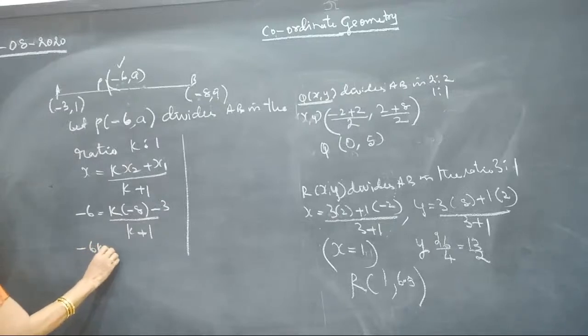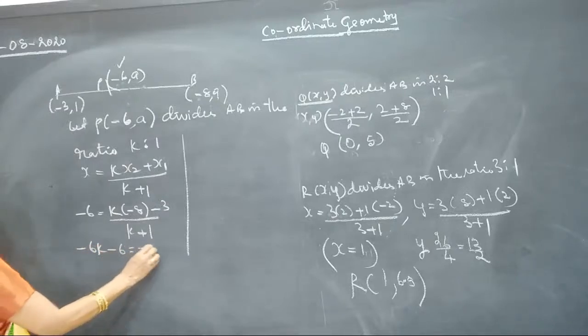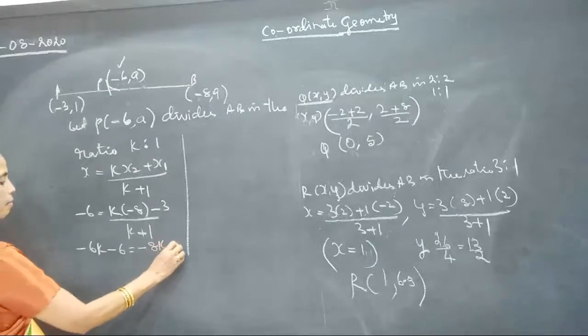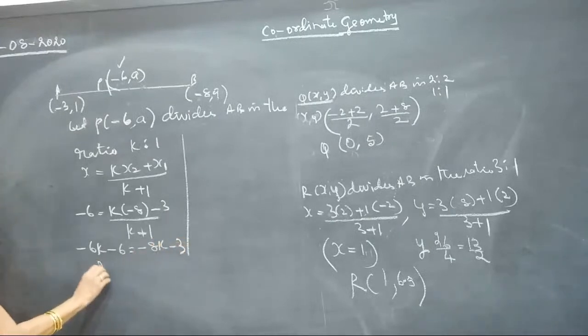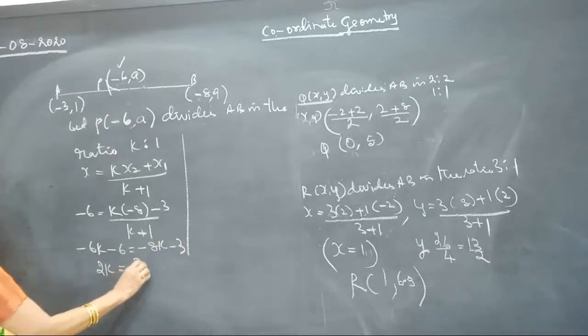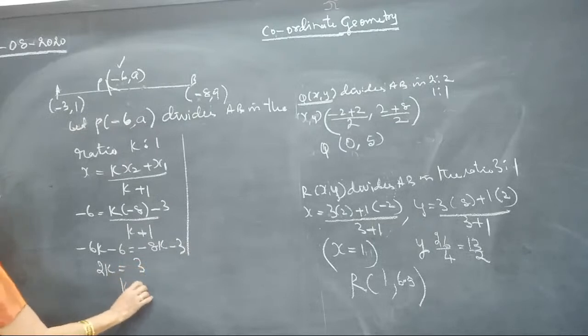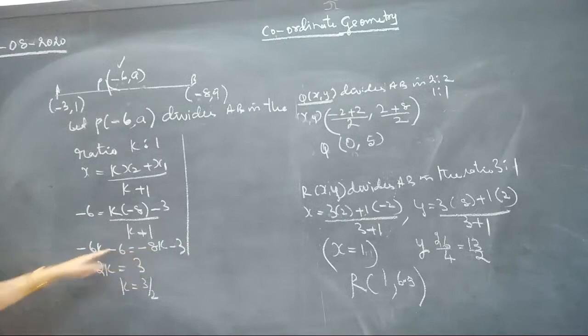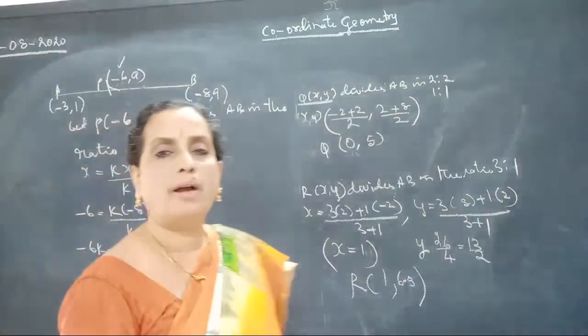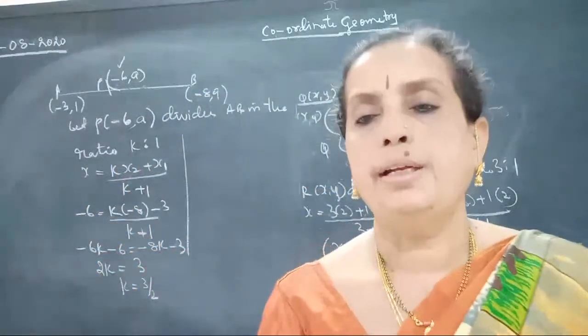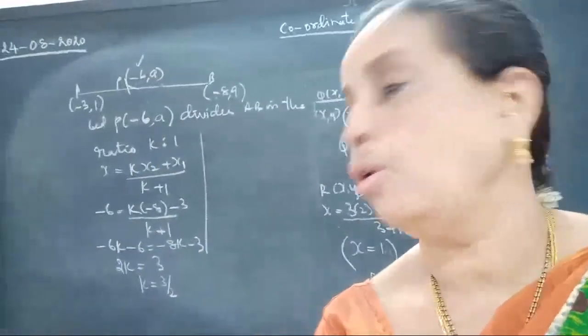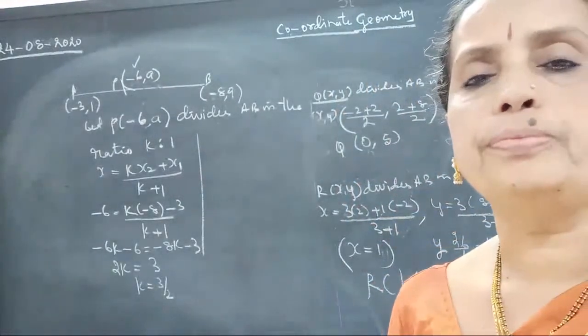Minus 6k minus 6 equals minus 8k minus 3. You will get 2k equals 3, k equals 3 by 2. That means it divides in the ratio 3:2.